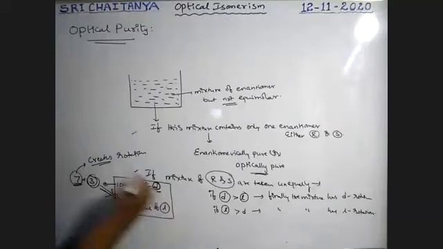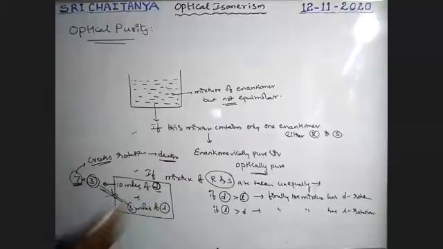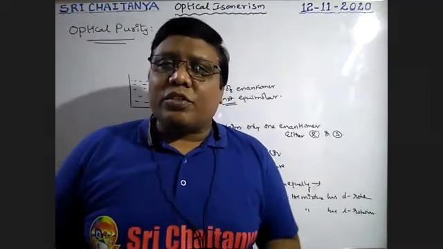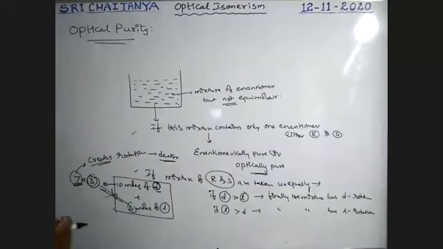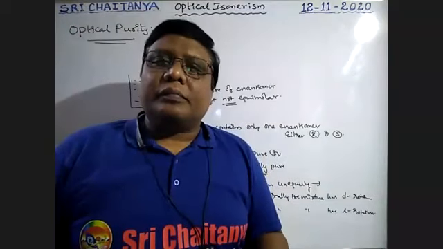Because D is in excess, that rotation should be dextro. So the remaining amount is called the excess amount, which is called the enantiomeric excess. Because of that excess, optical rotation is there.